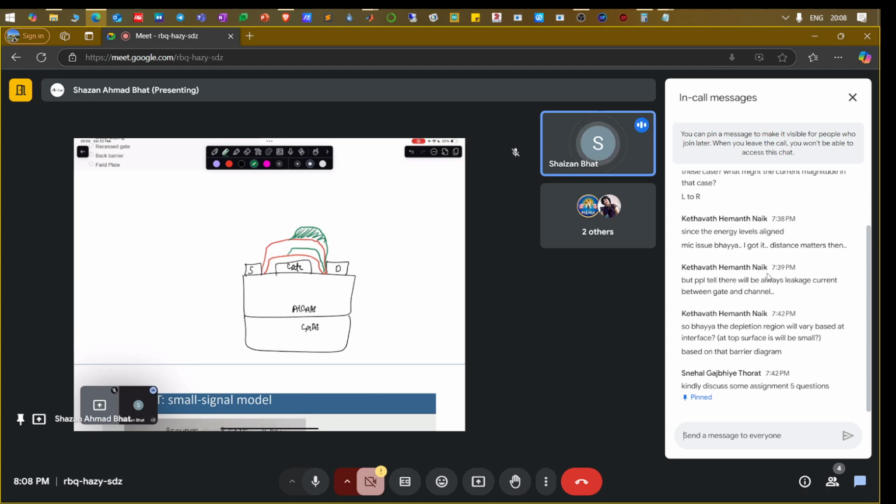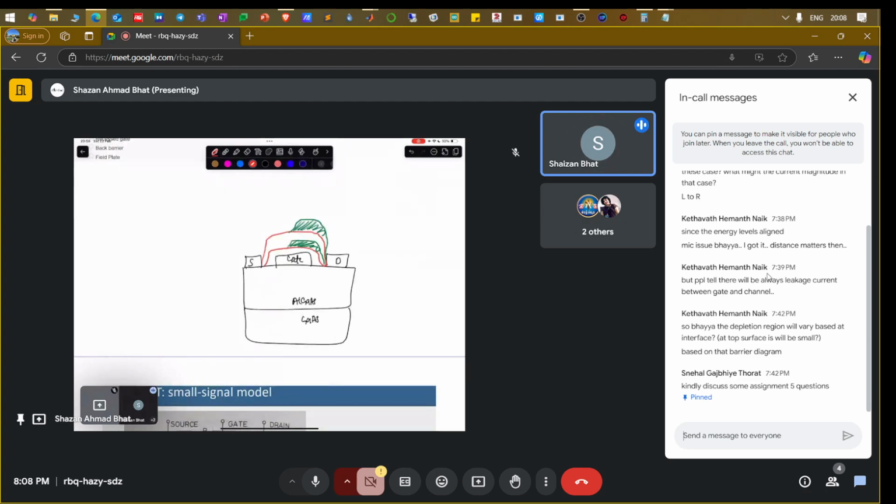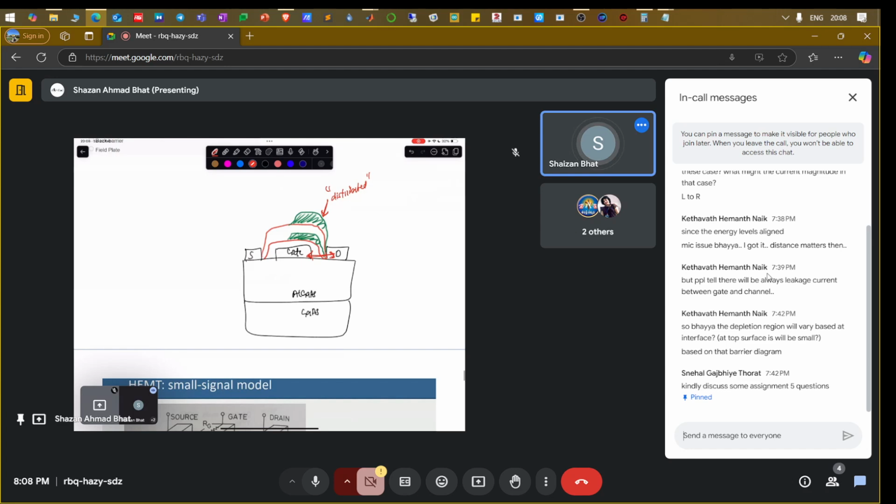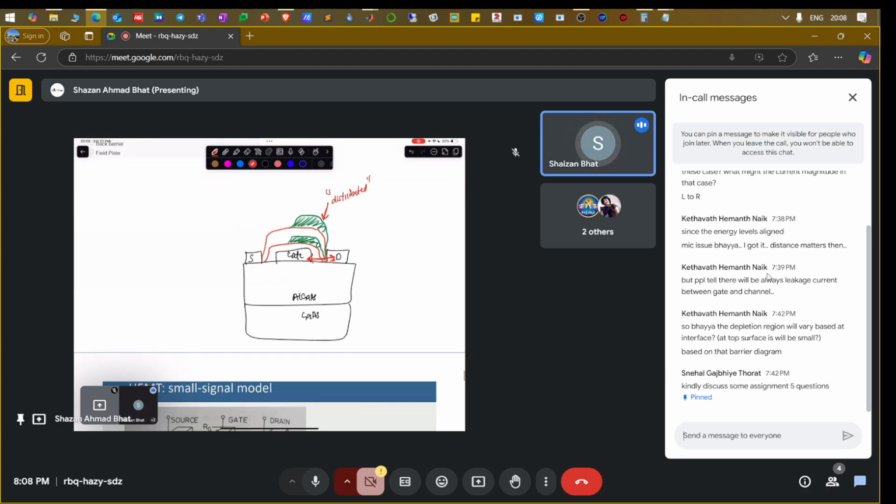This is gate plate 1, this is gate plate 2. What is going to happen? Whatever electrostatic interaction was between the gate and the drain is now going to get distributed to these gate plates, just like the electric field, because there is an electrostatic field interaction between the gate and the drain.